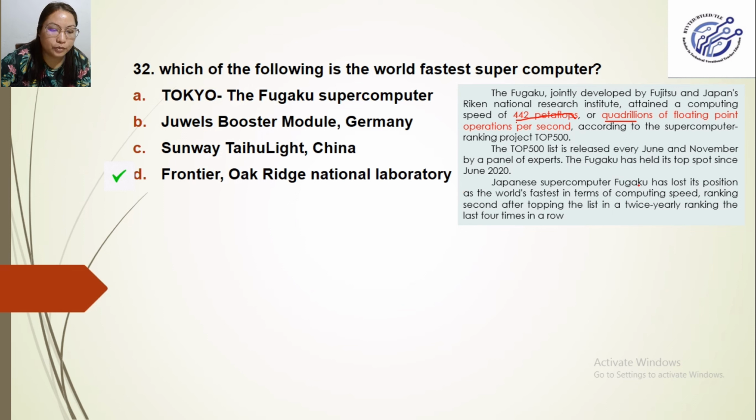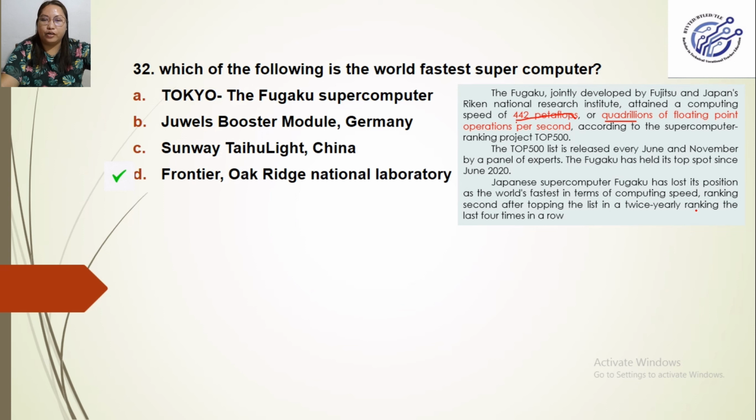So Japanese supercomputer Fugaku has lost its position as the world's fastest in terms of computing speed, ranking second after topping the list in the twice-yearly ranking the last 4 times in a row. So every year po kasi magtatanghal po ng world's fastest supercomputers.